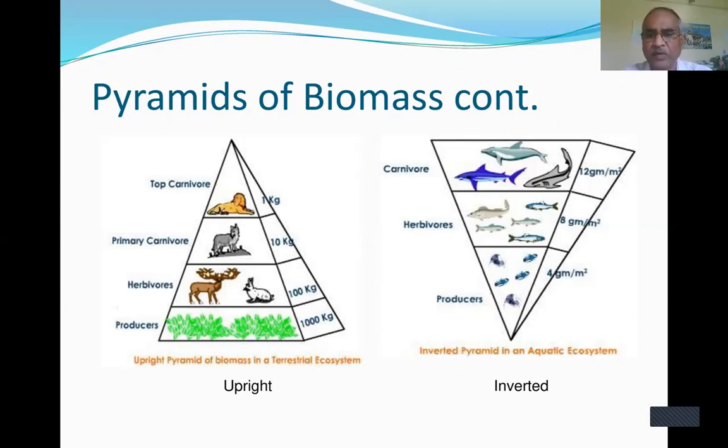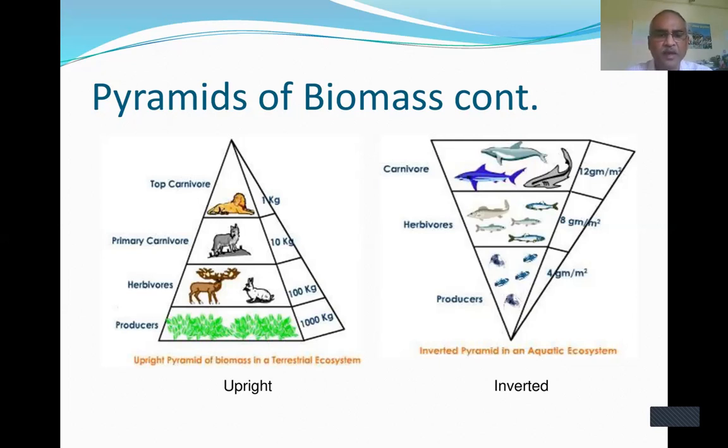So that's how this is an inverted pyramid. So it starts from narrow base, and it goes up. By the time you reach the tip, it becomes wider. So that is filled with carnivores. So as you can see, the zooplankton, it starts at 4 grams per meter square, and then herbivores, that is small fish, they become 8 grams per meter square, and by the time you eat sharks and big fish, it becomes 12 grams per meter square.